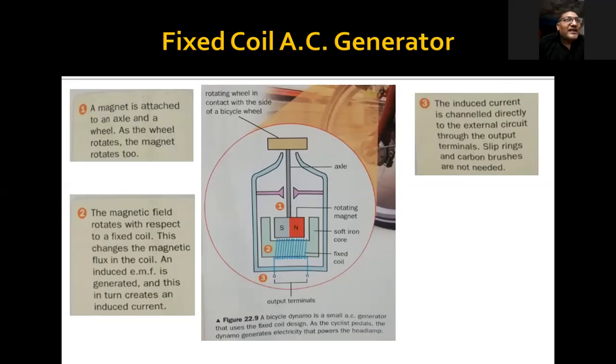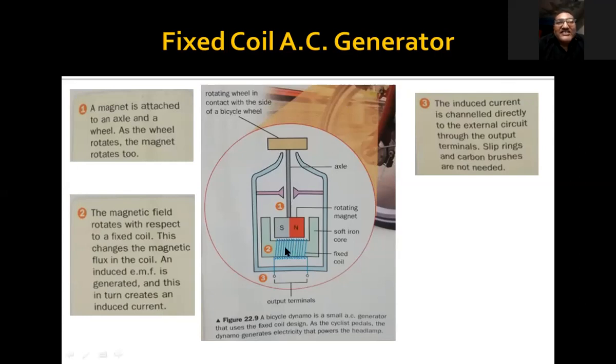Here we have a diagram of a dynamo. You connect this wheel with the wheel of your bicycle. When the wheel of the bicycle rotates, this wheel will also rotate, and this will rotate this axle, and this axle will rotate these magnets. When these magnets start rotating, here we have a coil on a soft iron core.